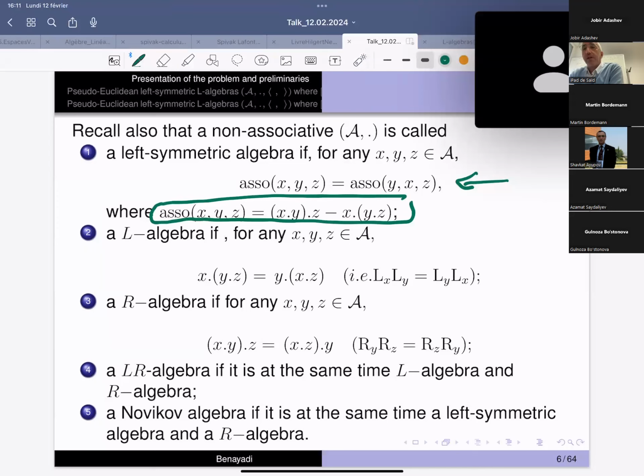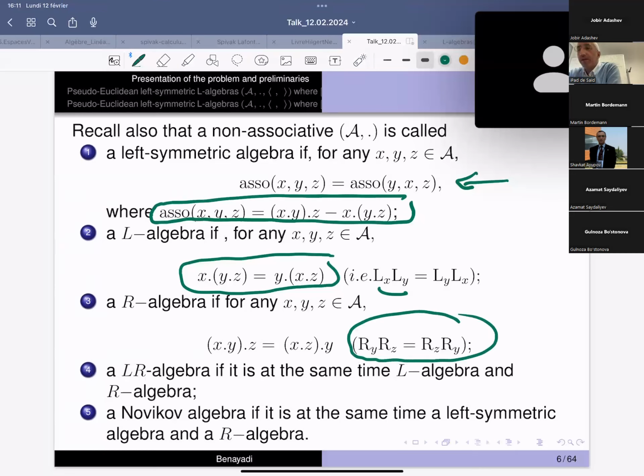If this non-associative algebra verifies this, that means that Lx and Ly commute. In this case, we say that we have an L algebra, and an R algebra if we have this commutation of Rx, Ry, and Rz.